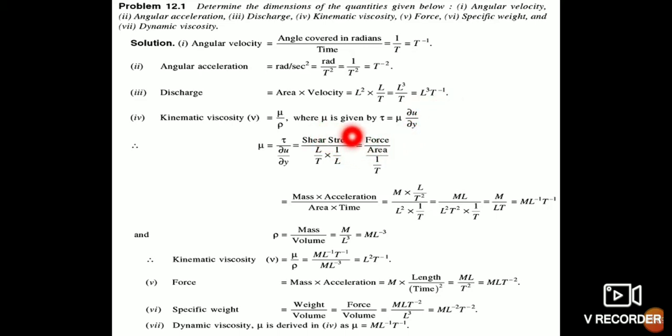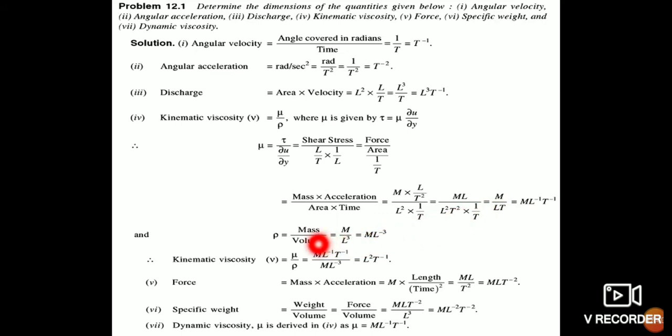Kinematic viscosity is mu upon rho, and mu's dimensions we know: Newton second per meter square. Dynamic viscosity is shear stress divided by du by dy, and du by dy is 1 by T, so it is Newton second per meter square. Its dimensions come as M raised to 1, L raised to minus 1, T raised to minus 1.